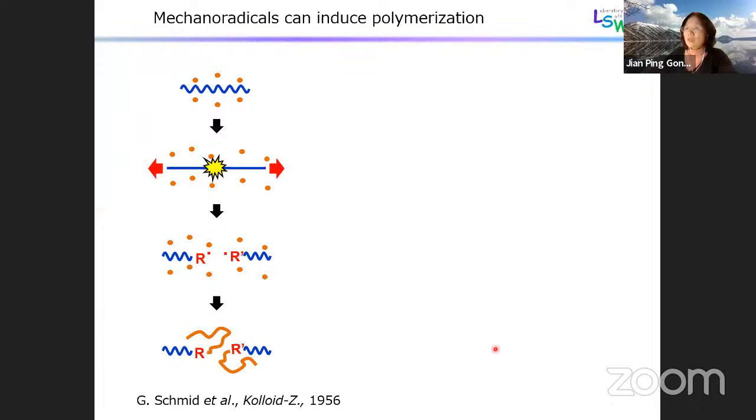And furthermore, if the polymer chain is ruptured in monomer solutions, as I show here as dots, these monomers can react with these mechanoradicals and then form polymers like this. This was reported in the early 1950s. So it's a very traditional field to use mechanoradicals to form polymers.